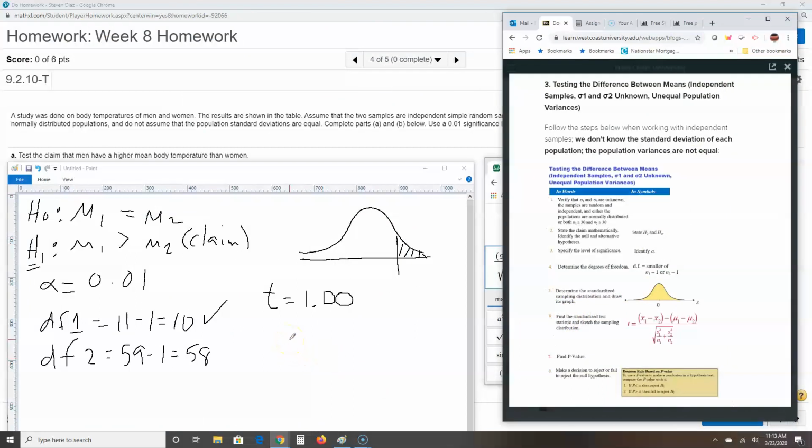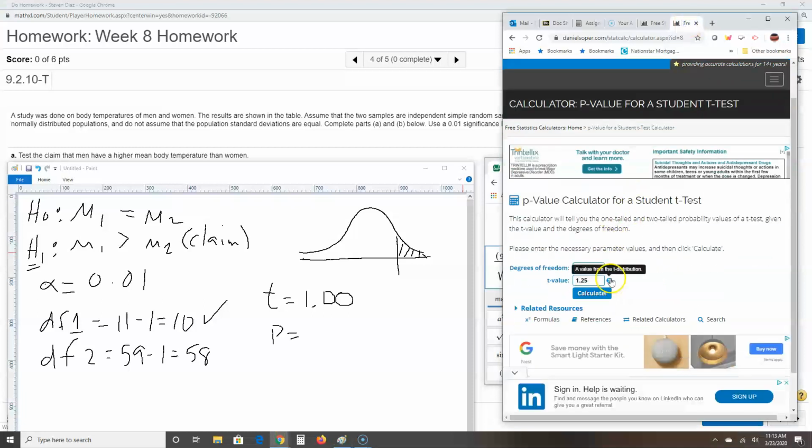Step number 7, that's when we find the p-value. How? We're going to use the p-value t calculator, which is this one. Okay, and what I'm going to put in is my degrees of freedom. What was my degrees of freedom? The smallest one out of these two here. So 10. What was my t-value? That's what we just did. 1.